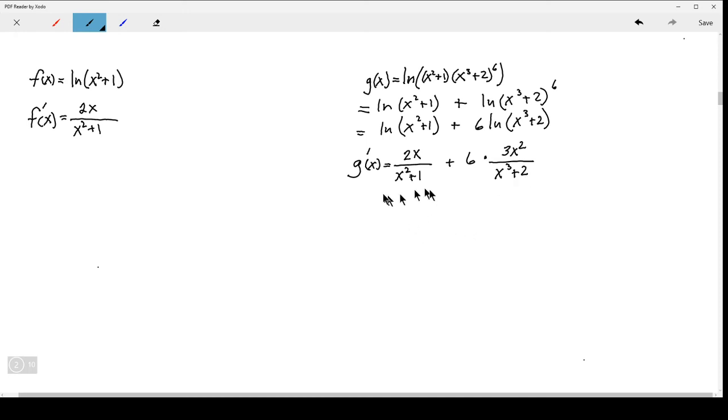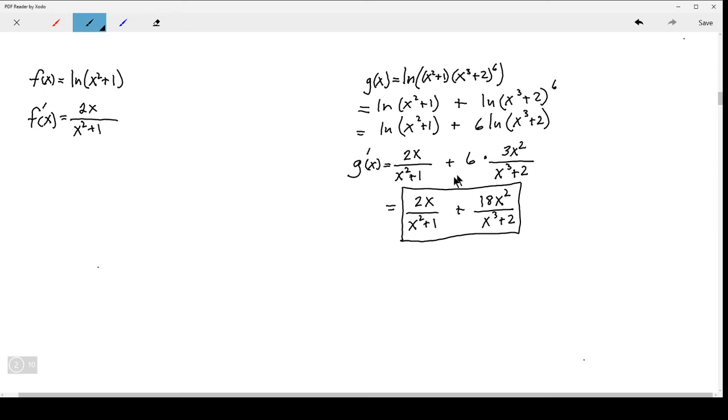All right, so about the only thing that I would want to do here is just to clean this second one up. So I've got 2x over x squared plus 1 plus 6 times 3 is 18, so I'm going to have 18x squared over x to the third plus 2. All right, and that is my final answer on that one.